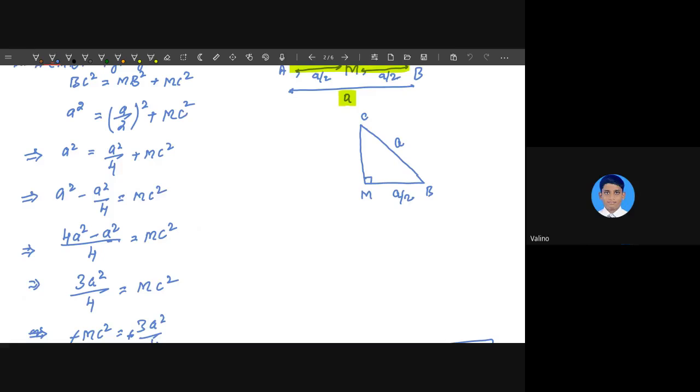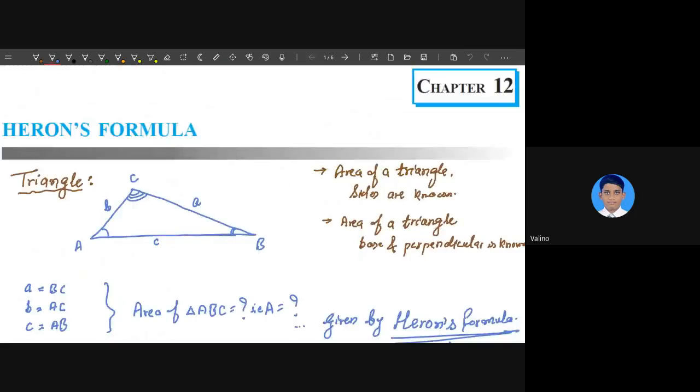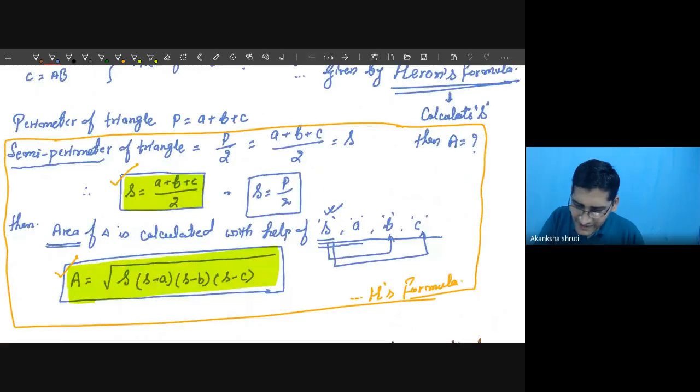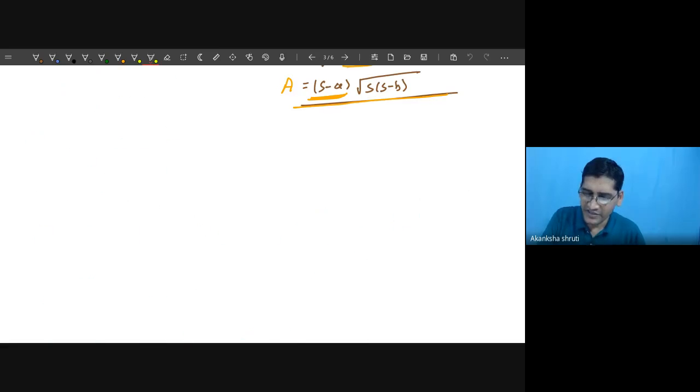Students, in the beginning we had written divided by 2. This semi-perimeter itself is obtained by dividing the perimeter by 2. So A plus B plus C by 2 you write, or if the perimeter P is known, divide it by 2, you will get this semi-perimeter.